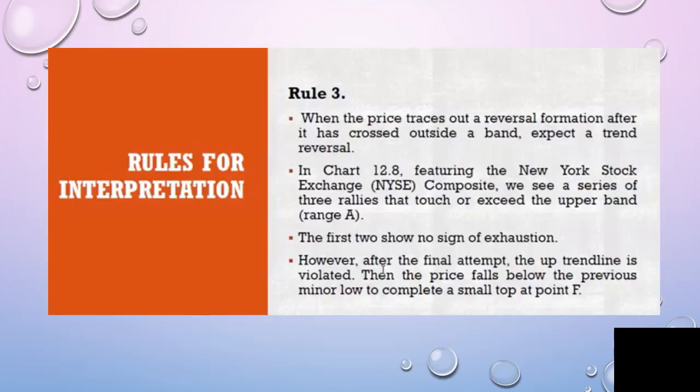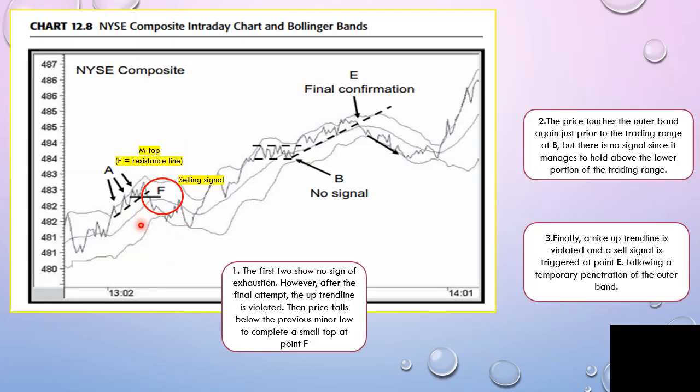Okay. And rules number 3, when the price traces out a reversal formation after it has crossed outside a band, expect a trend reversal. Okay, apa tu? Kat sini, maksud dia kat sini. Okay, kalau you tengok kat sini kan, kini kat sini dia wider. Wider band. Kemudian, ini dia membentuk M top tadi.